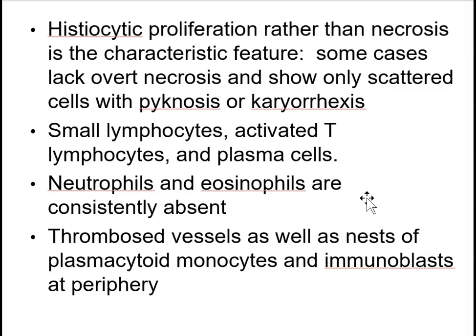In addition to histiocytes, there may be small lymphocytes, activated lymphocytes, and plasma cells, but no neutrophils or eosinophils are seen. There may be thrombosed blood vessels, but in addition, there are nests and aggregates of plasmacytic dendritic cells as well as immunoblasts. These are large cells and so may be mistaken for a large cell lymphoma.